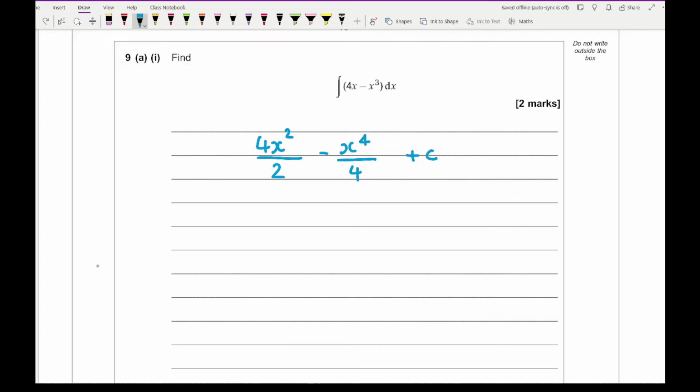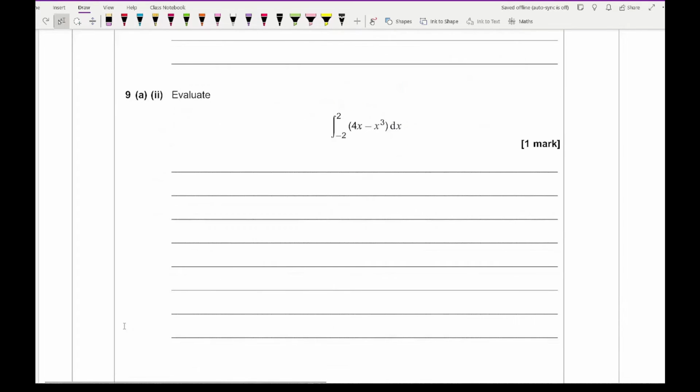So simplifying that, we end up with 2x squared minus x to the power of 4 over 4 plus c, or you could write it as 2x squared minus a quarter x to the power of 4 plus c, but do not forget that plus c in this question.